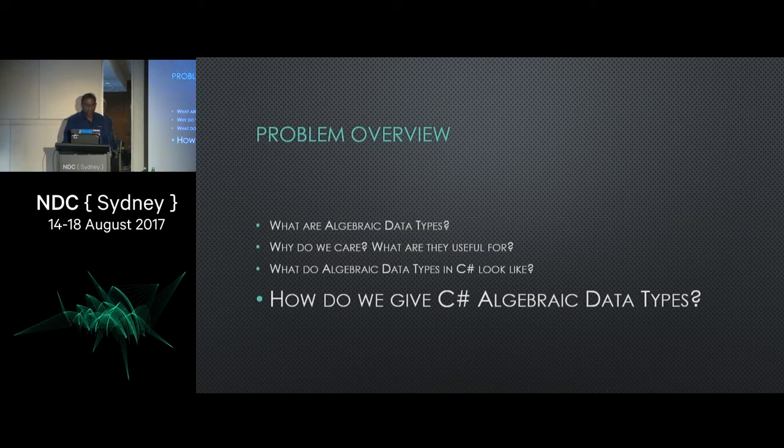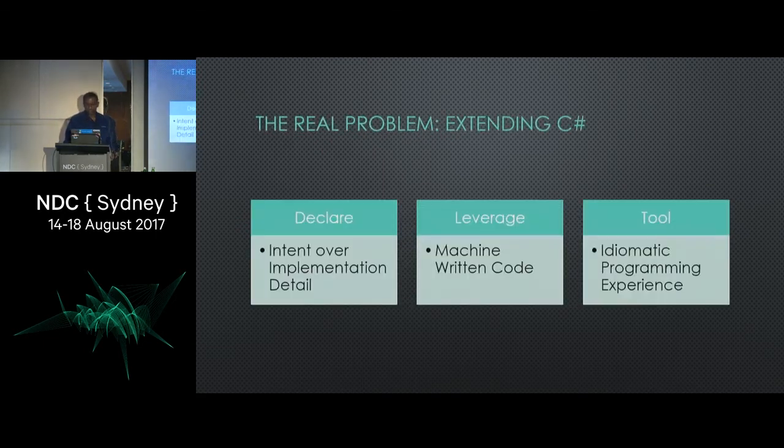So really now, what we're trying to do is step back a bit, and let's try to solve the real problem that we want to solve, right? What we really want to say is, I intend to have a discriminated union or an immutable record. I don't care about the implementation detail.